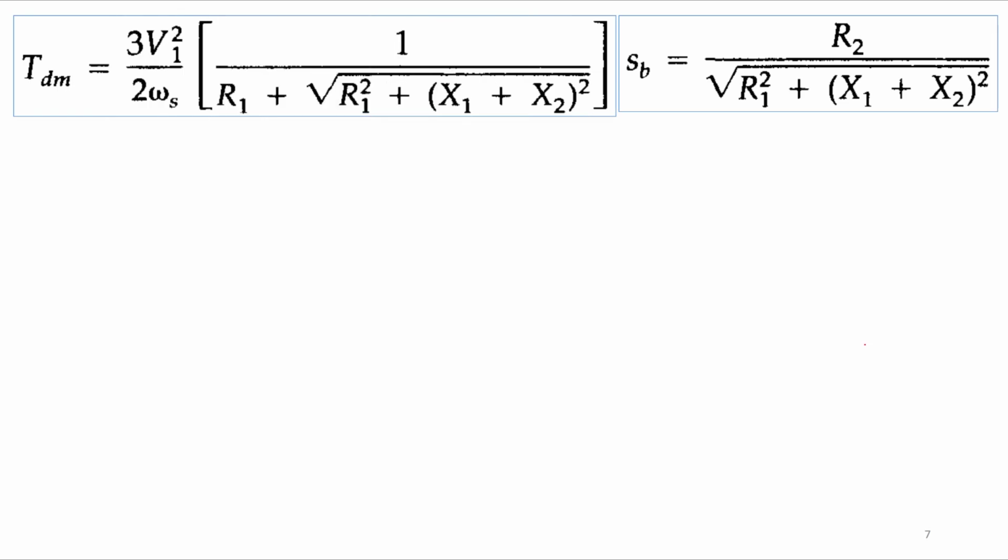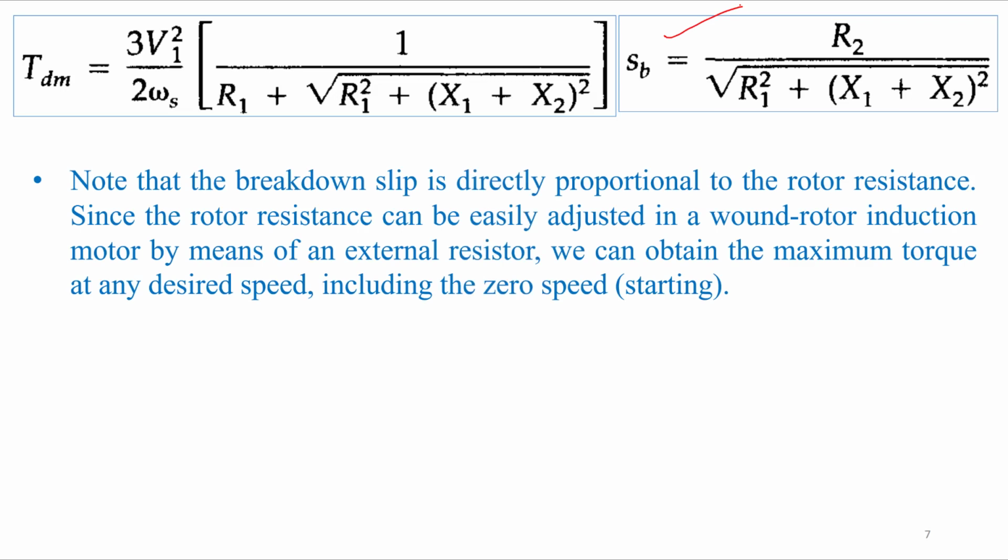So you will find the expression for TDM will be 3 by 2, almost the same expression as PDM, but with a little change. The 3 by 2 is the same, V1 square is the same, but with R1 plus the square root of R1 square plus X1 plus X2 whole square. And Sb we know here, this one is Sb.